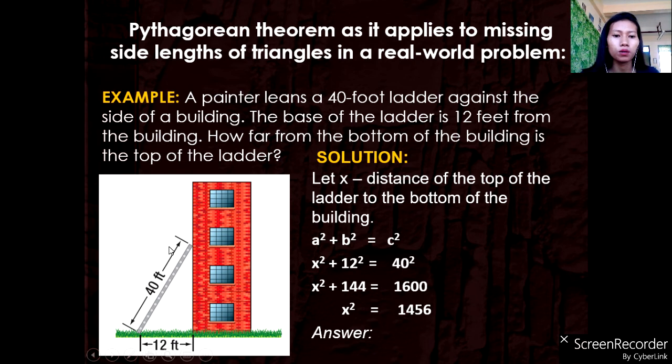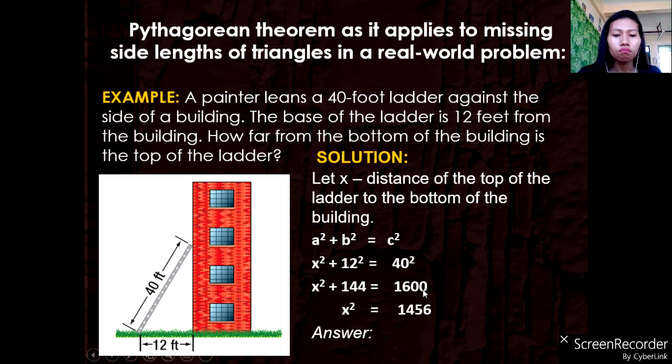So, given na yung hypotenuse which is 40 feet, and then yung one of the legs naman, sabihin na natin yung b side, substitute natin ng 12 feet. So, ibig sabihin yung hahanapin natin is one of the legs. So, a is unknown, x square. So, get the square of 12 and 40. So, the square of 12 is 144 and the square of 40 is 1,600.